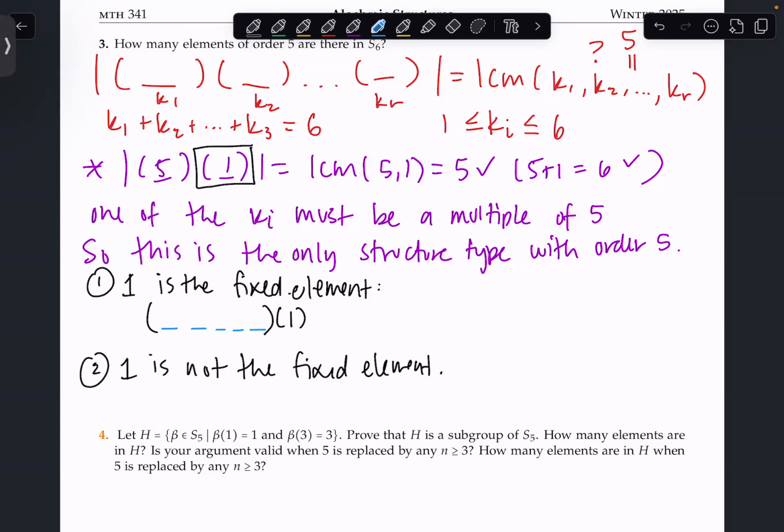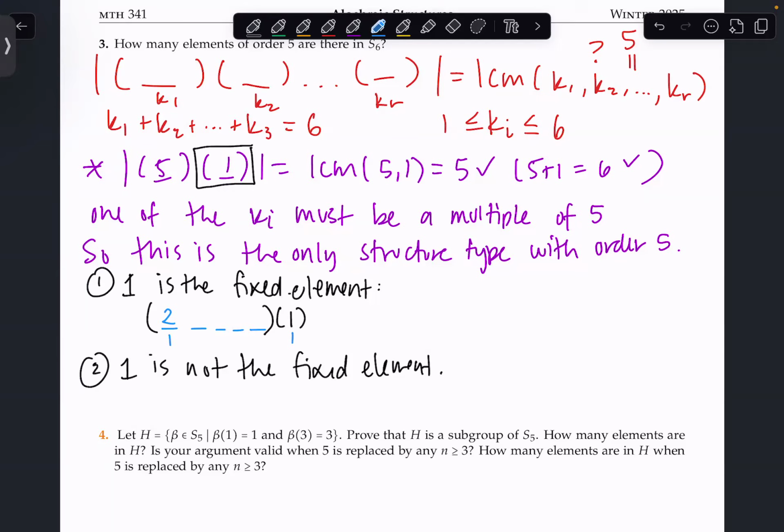So I'm going to fix what element shows up first, because I really have multiple ways I can represent this, but I want to fix this to make it easier to count. I'm just going to say 2 is that first spot. I'm not giving you any choices, so I'm going to put a 1 under this. I have exactly 1 choice for what shows up here.